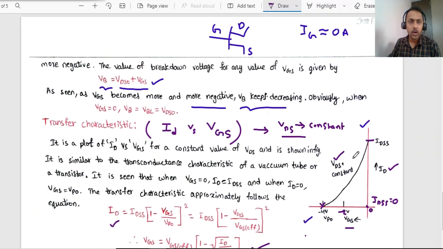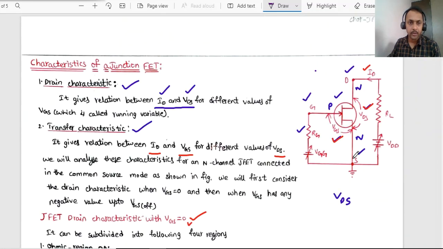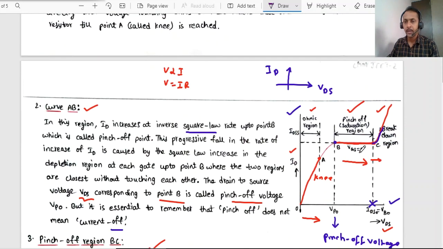So this is all about the characteristics of JFET, the junction field effect transistor. Dear students, I repeat again, in this entire graph, up to a certain region, the relationship between voltage and current is linear. After crossing a certain point from A to B, it does not have a linear relation.